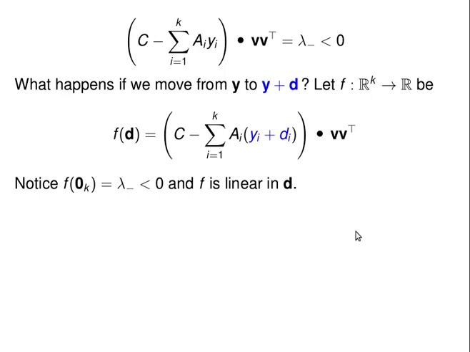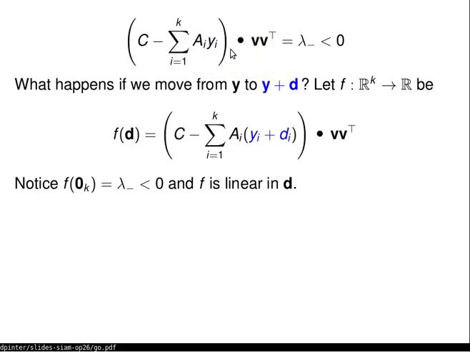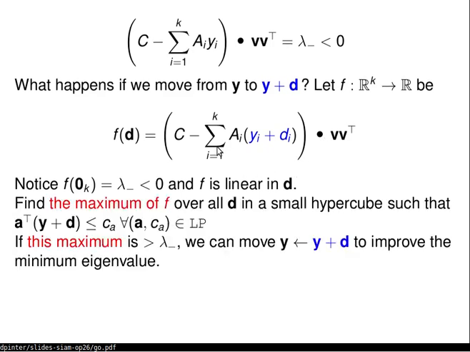What happens if I move from y towards some y plus d? I define for this purpose a function in which I take the same relation, but I replace yi by yi plus di, and f0 is the same value as this one, lambda minus, and f is linear in d.